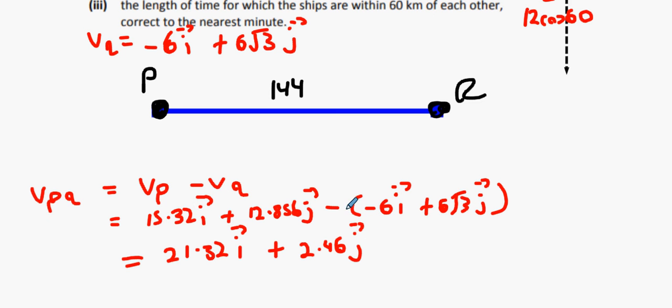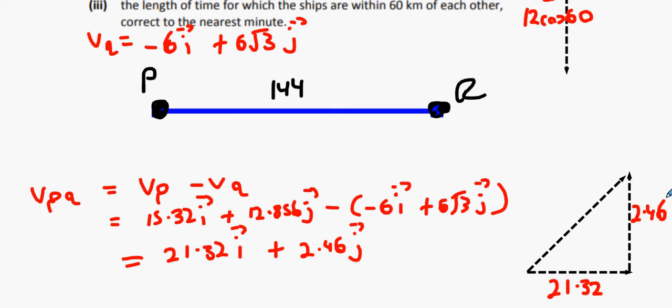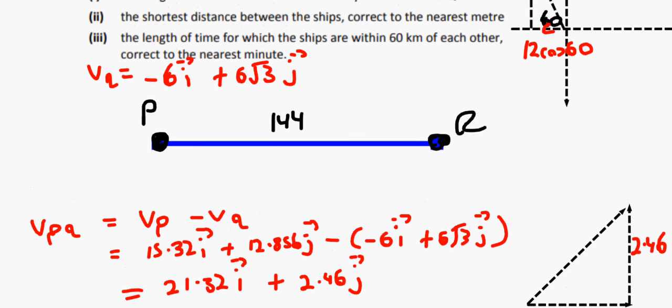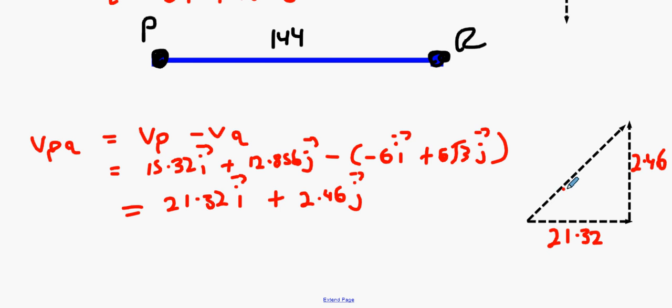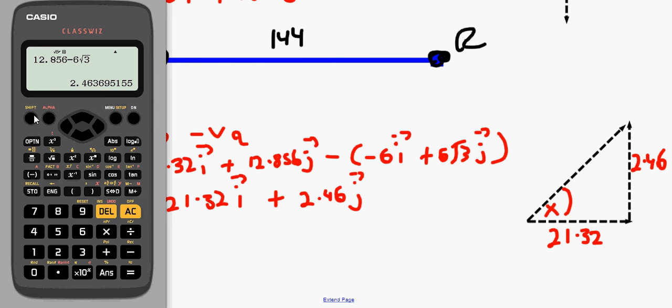Okay, now that is going in a direction northeast. That's 21.32, that is 2.46, and it wants the magnitude and direction. Alright, so I can probably find the angle quite quickly. Shift tan inverse 2.46 divided by 21.32 gives 6.58 degrees.